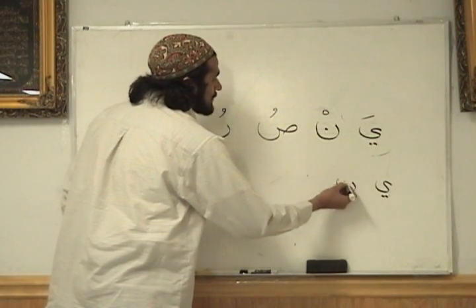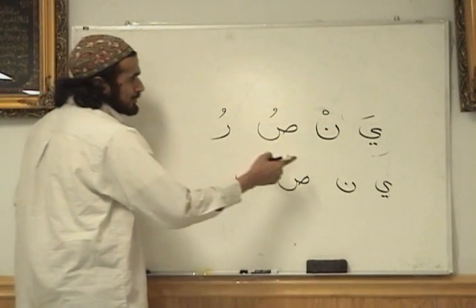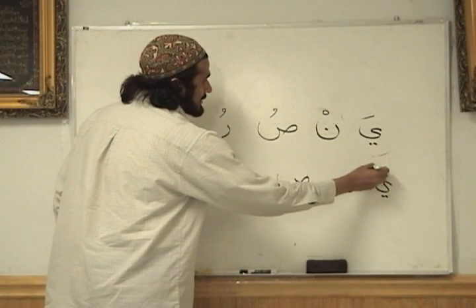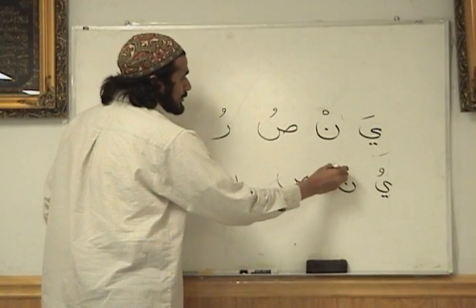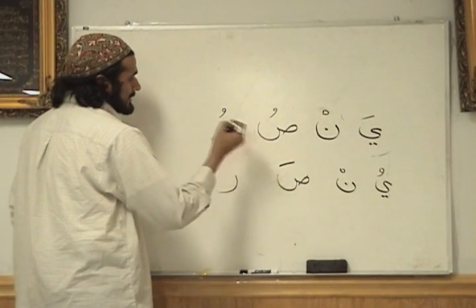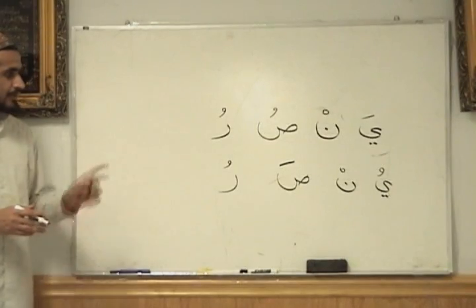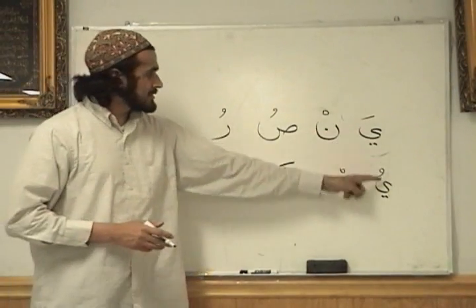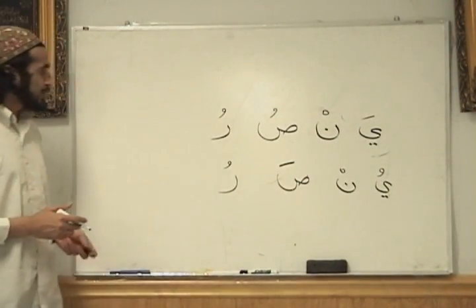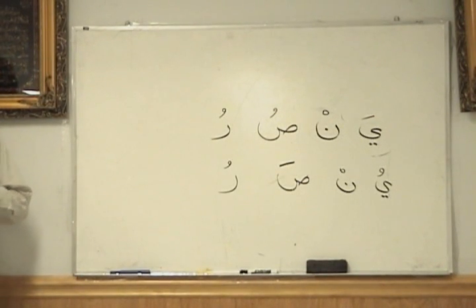Yunsar. You take the exact form; the only changes you need are to change this one to a dhamma, this one to a fatha, and this stays the same. Nothing else changes. The yansuru changes to yunsaru. He is helped, or he will be helped.